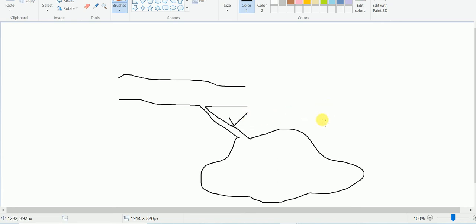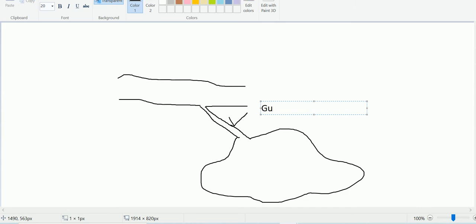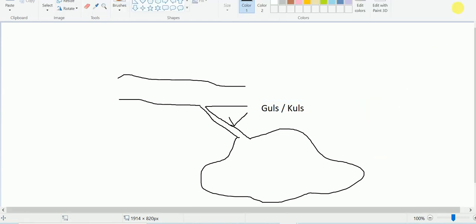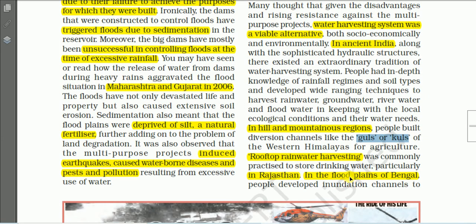These diversion channels are locally known as guls or kuls. So this is one of the methods of rainwater harvesting in the western Himalayas. Water is diverted from the runoff of the streams and provided to the agricultural field.